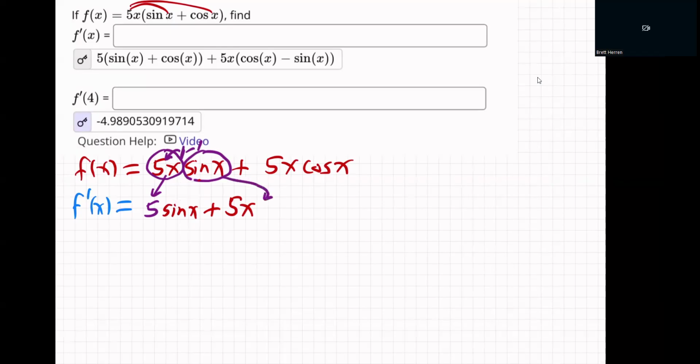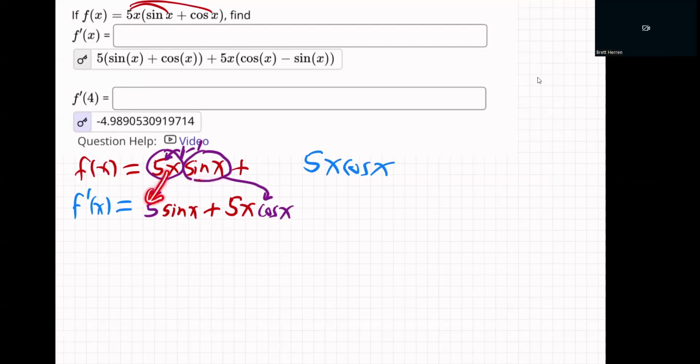Now it's the second one, so the derivative of sine is cosine. So that's just this part. In fact, let me change the colors to make it more clear. 5x cosine x, then it'll be his turn. But so far, I've just done the derivative of this piece. How did I do it?